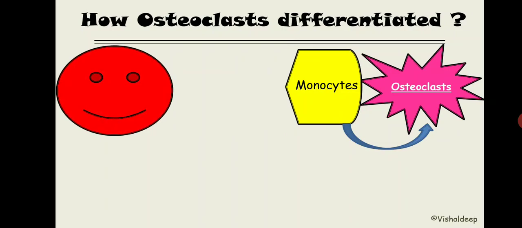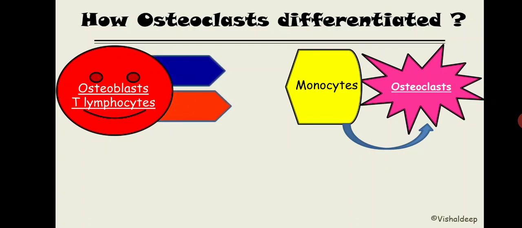That cell is either an osteoblast or a T lymphocyte, but most of the time it is the osteoblast. Now the osteoblast has two ligands, and in the same fashion the monocyte has two different types of receptor according to those ligands.